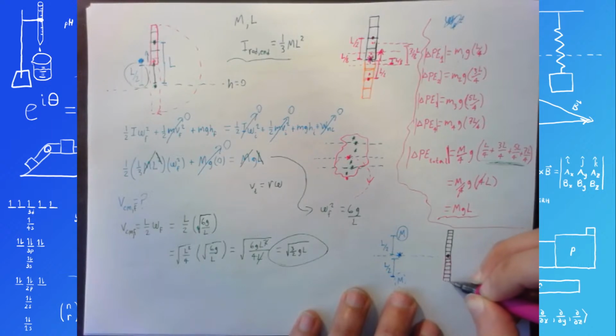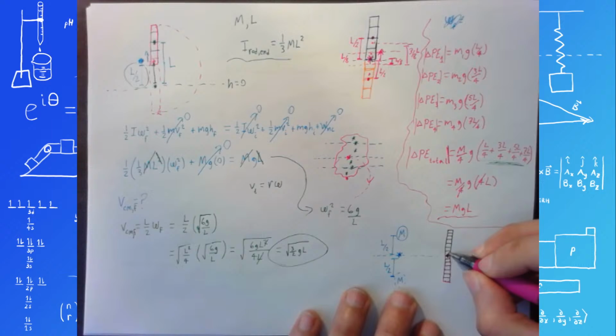I'll just highlight it like this. Okay, so this piece is now traveling at some velocity v1, the second piece is traveling at velocity v2, the third piece is traveling at velocity v3, and so on and so forth.